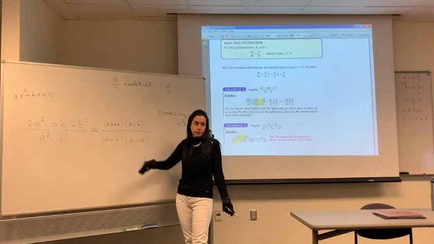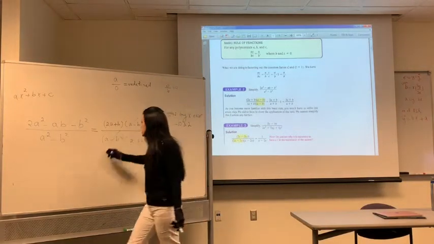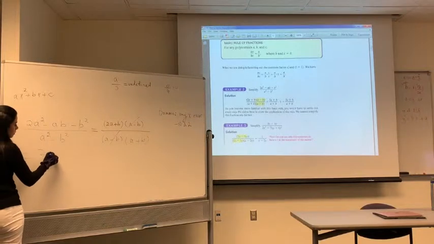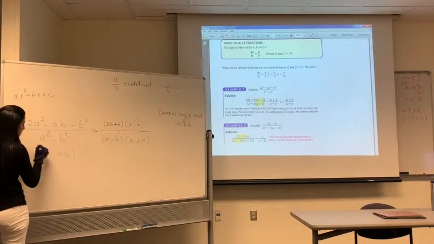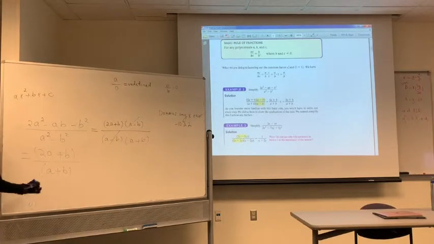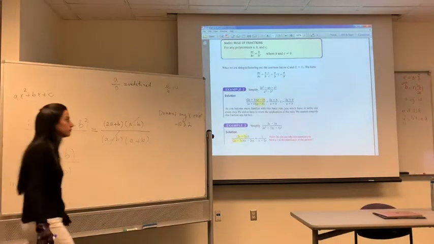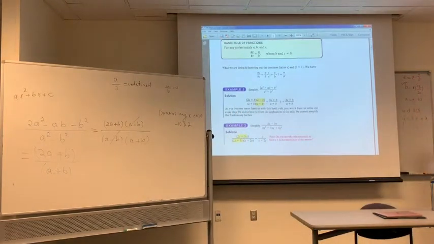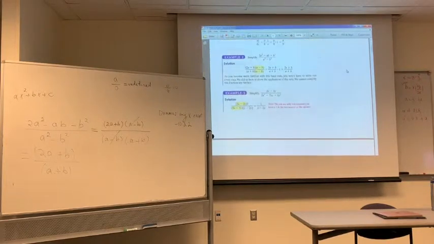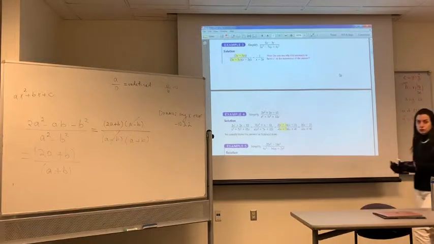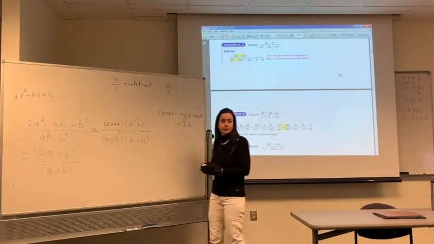So we can cancel them. These two cancel, and the answer will be this parenthesis divided by a plus b. We cannot simplify more than this anymore. You don't see anything in common. Correct? Do you have any question?